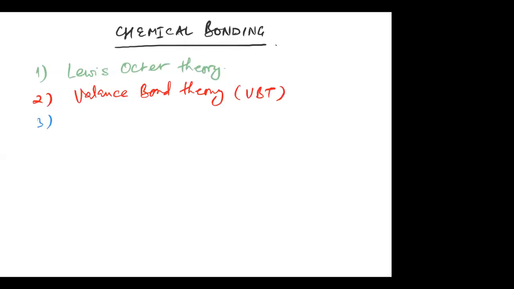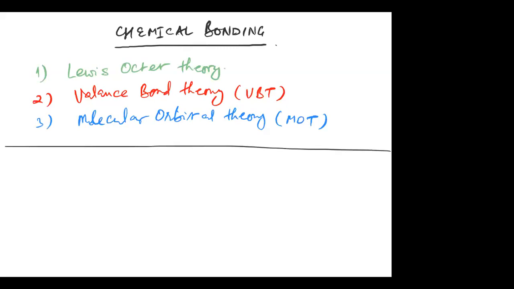And third one is molecular orbital theory, you can say it is MOT. So one is Lewis Octet theory, another is valence bond theory, and another is molecular orbital theory, MOT. We'll start from Lewis Octet theory, then we'll see quickly valence bond theory, and then molecular orbital theory, MOT.